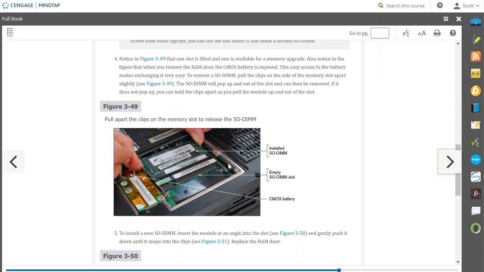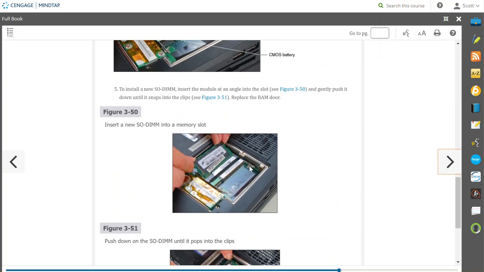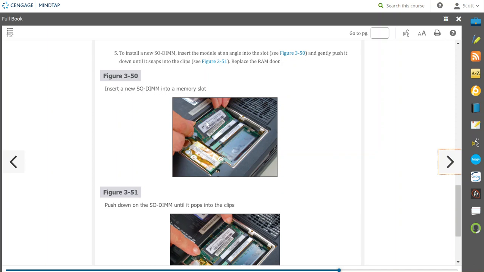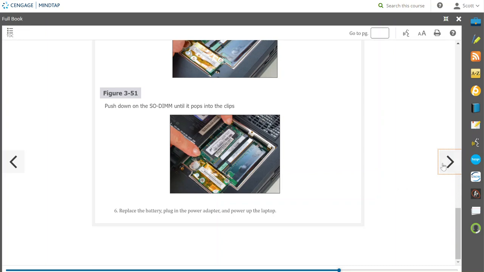There's a certain number of pins, and you'll slide that into place and lock it in there. Okay. So you see them going in at a slight angle. Align it with where the notch is, and as it's in place, you'll put a little bit of pressure pushing forward and pushing down, and it'll lock into place. Okay.